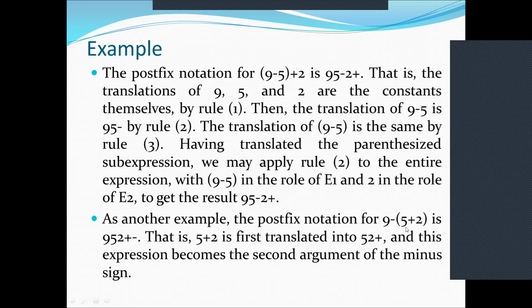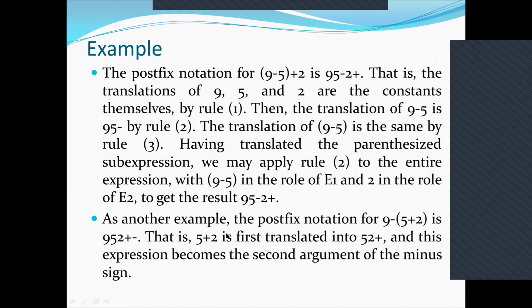The postfix notation of 5 + 2 is 5 2 +. This is considered as E1 as 9, minus, E2 as 5 2 +. In postfix it will be 9 5 2 +, then the minus binary operator comes to the end.